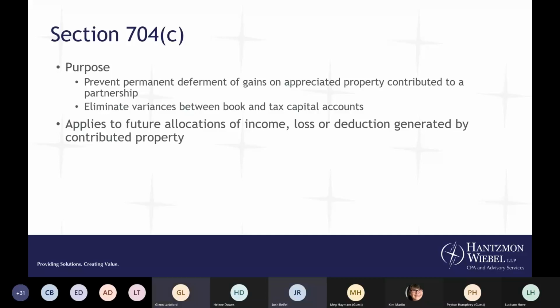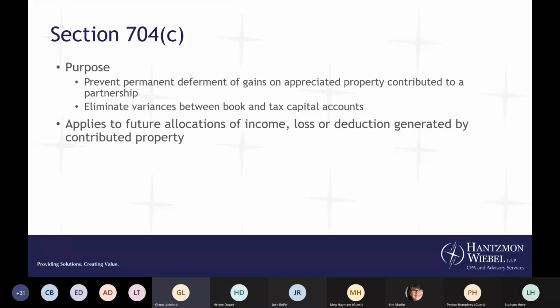Sure. So again, as Josh said, 704C is the rules for how to account for differences between the fair market value of property contributed to a partnership and its tax basis to the contributing partner, or in the reverse 704C scenario, a difference between the fair market value of a partnership interest as booked up under the partnership agreement and the tax basis of the partnership interest to the partner with the booked up capital account.